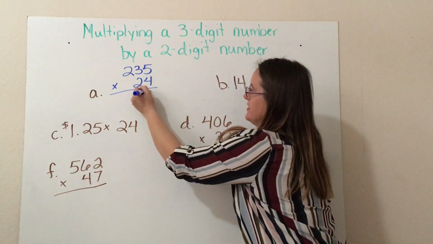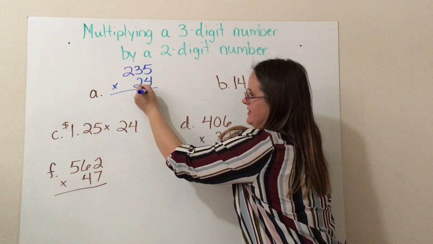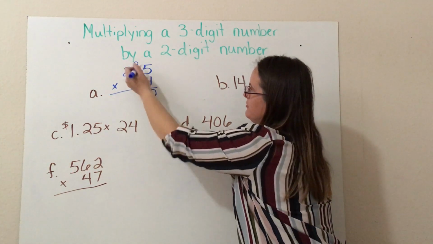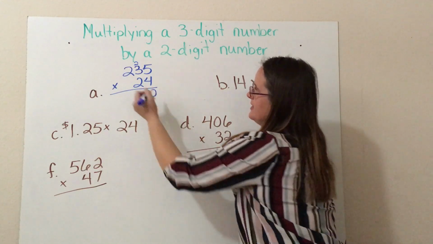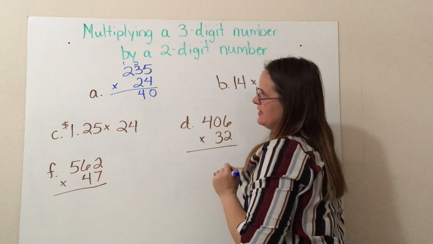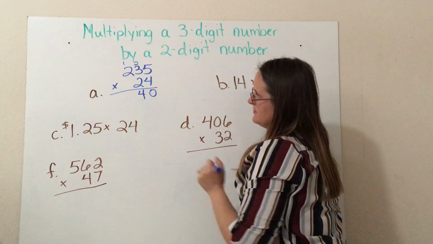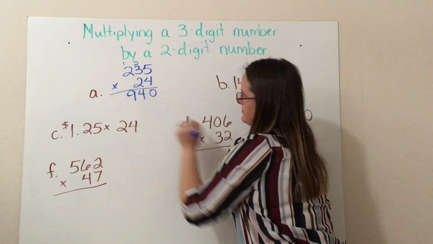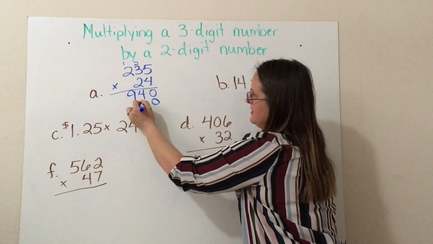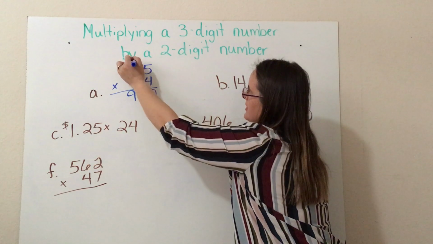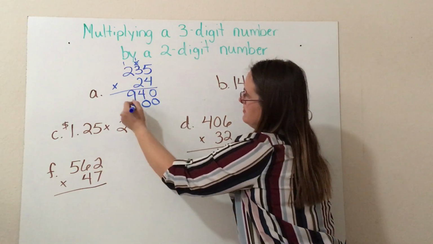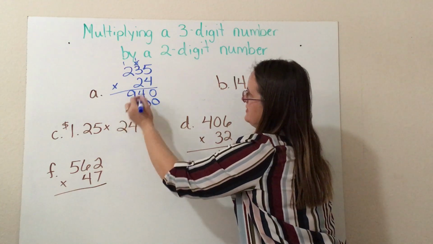5 times 4 would be 20. Carry my 2. 4 times 3, 12, plus 2, 14. 4 times 2, 8, plus 1, 9. Okay, don't forget my 0 there. 2 times 5, 10. Carry my 1, get rid of that 2. 2 times 3, 6, plus 1, 7.